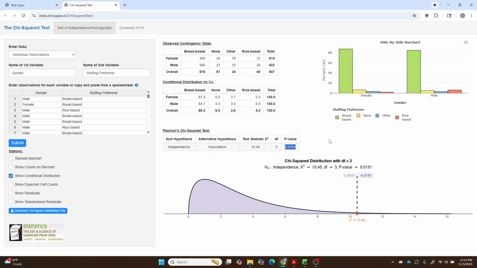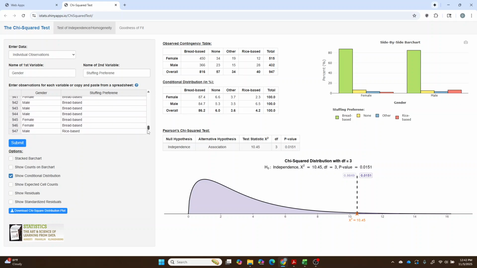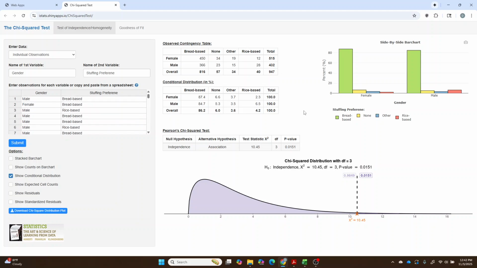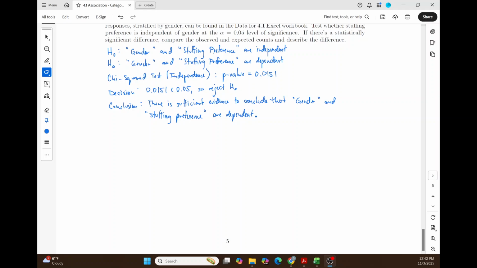This is a huge data set, almost 1,000 individuals, so it might take you a little while. You might try to copy and paste the data, and then it takes Art of Stat a second to think about it because there's so much data there. But because we're getting a small p-value, we reject the null. And so there's sufficient evidence to conclude that gender and stuffing preference are dependent.